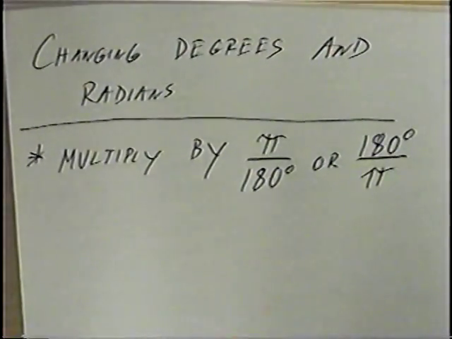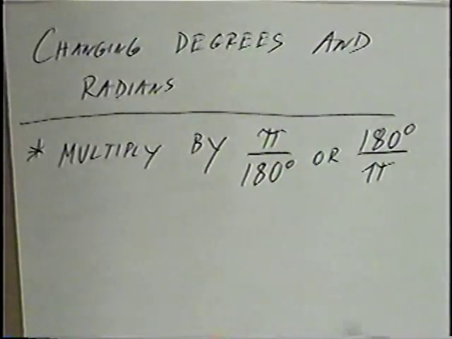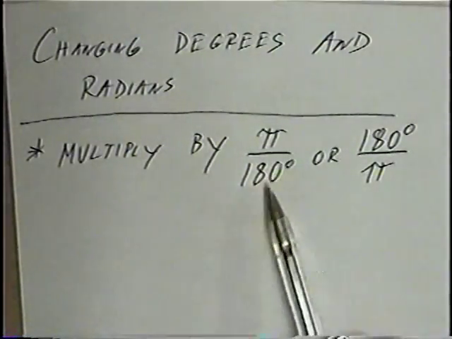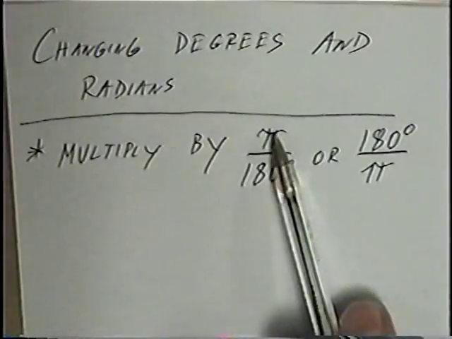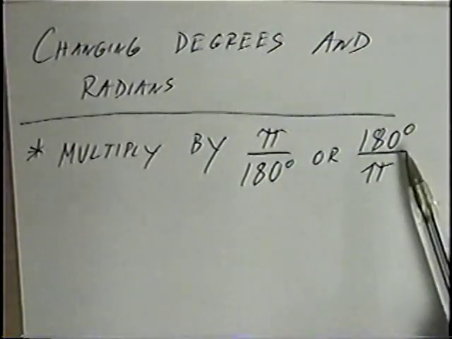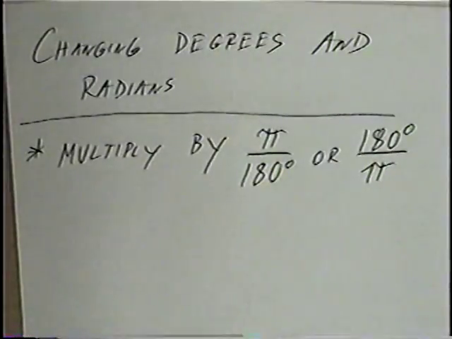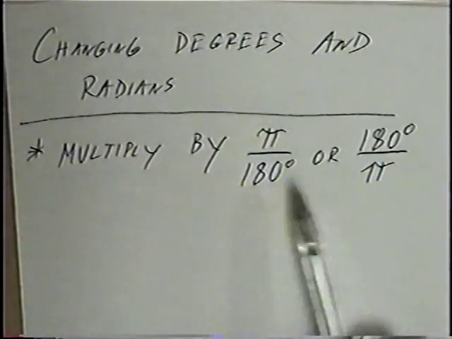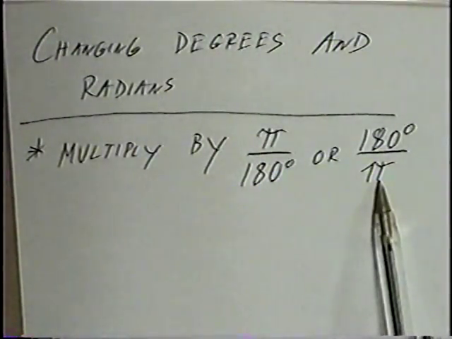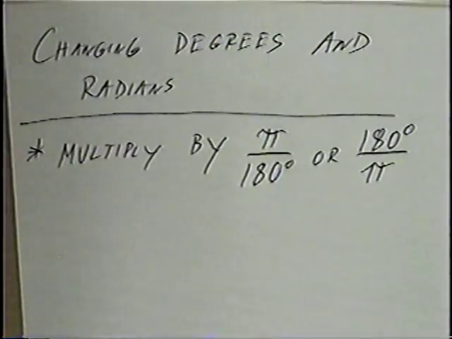If you look at the unit circle, halfway across the unit circle, the pi matches up with 180 degrees, so these two units are equal, and also 180 degrees over pi, both units are equal. So by multiplying by pi over 180 or 180 over pi, we're basically multiplying by 1.